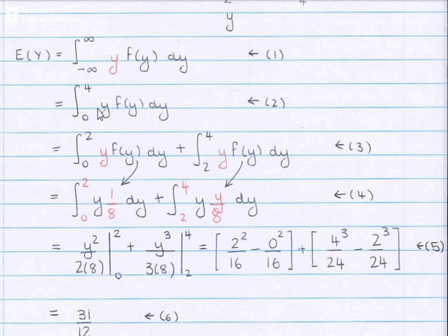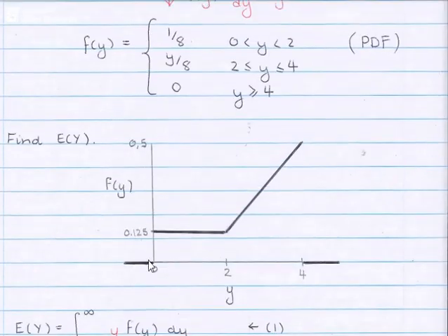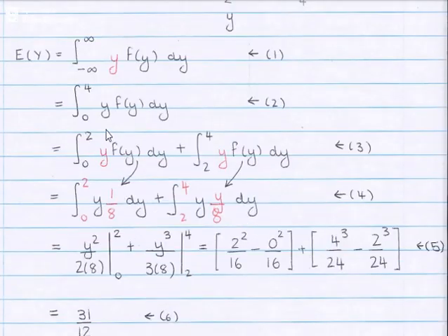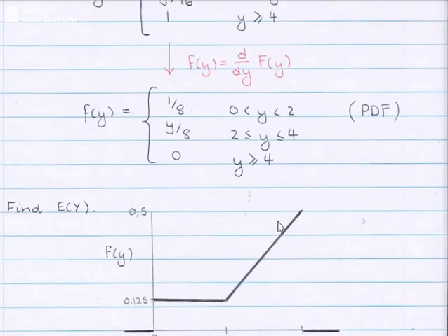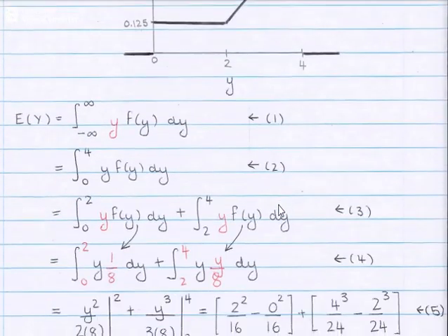So in this case, my function is equal to 0 everywhere else. So I know that if I integrate there, I will get 0. So I'm not even going to waste time with that region and just integrate directly from 0 to 4 over y fy. But remember, my fy takes on different values between 0 and 2 and 2 and 4. You can clearly see that from the graph as well as from the given equation.